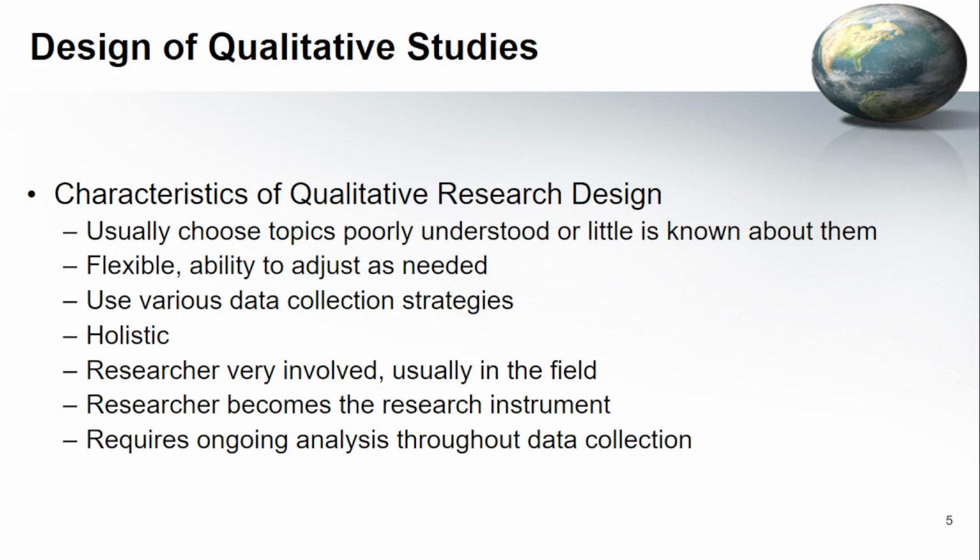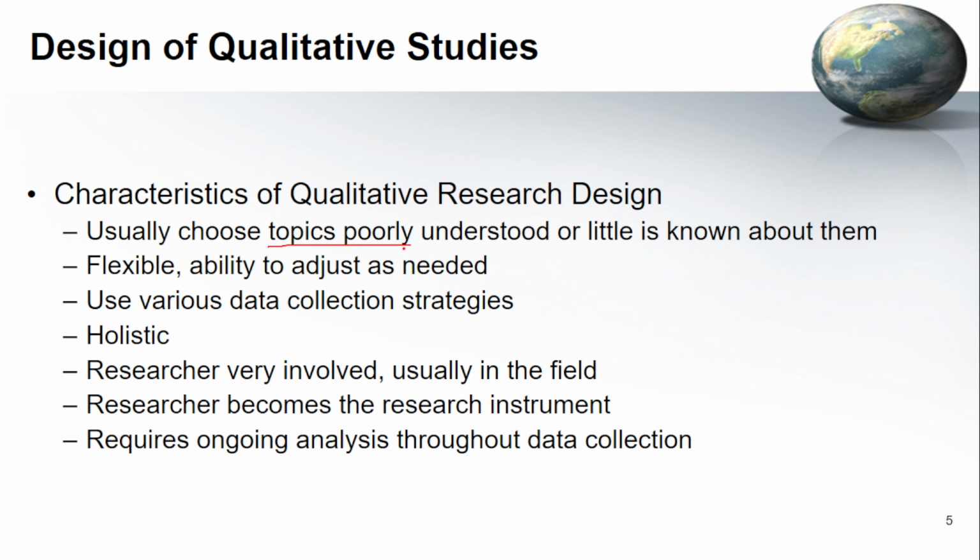Next, design of a qualitative study. Characteristics of the qualitative research design: usually choose a topic that is poorly understood and little is known about. Number two, there should be flexibility, the ability to adjust as needed.